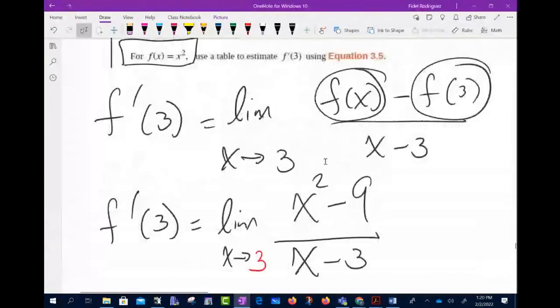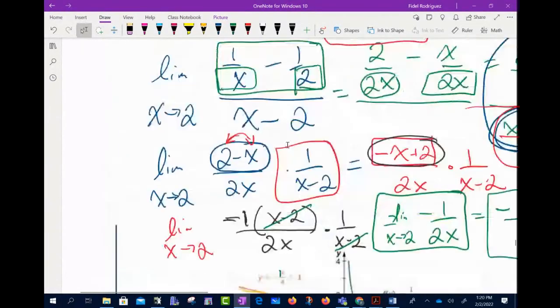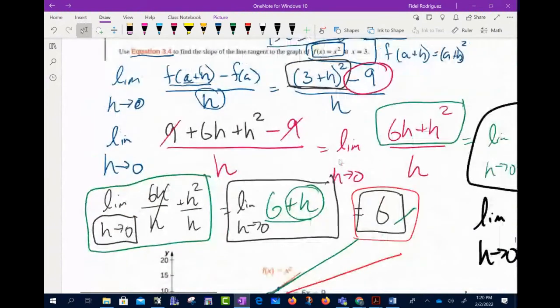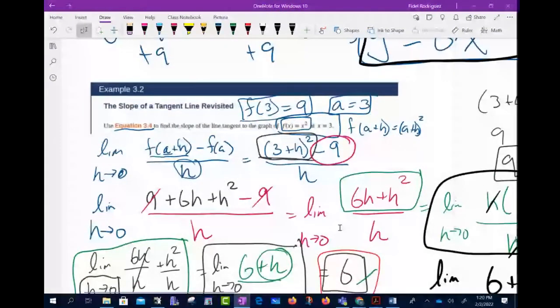Now, I'm going to ask you a question. Look at the function that we have here, right? And we're finding the derivative at 3. Let's scroll. That is the same function at 3, and we found the derivative, and what was it equal to? 6, right?